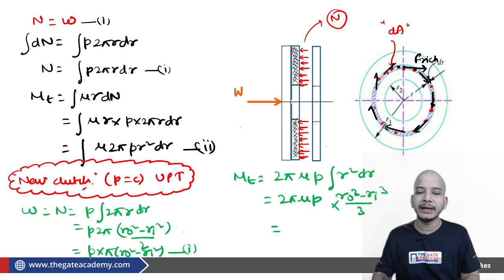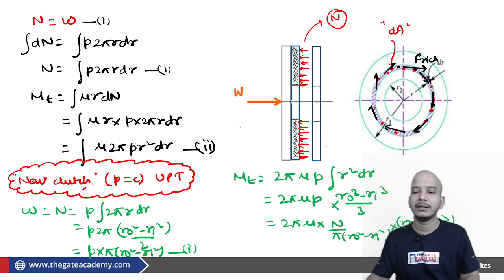So P could be written as N upon pi Ro square minus Ri square. If you place it in the equation, it will become 2 pi mu into N upon pi (Ro square minus Ri square) into (Ro cube minus Ri cube) by 3.